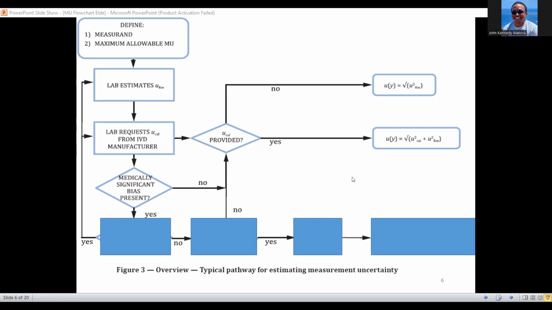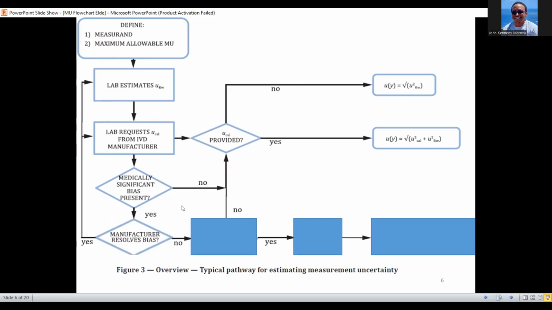Very good, Obed, from your EQA. Remember, the SDI is an indicator of our bias. All right, very good. So if there's no medically significant bias present, then you go back to either combining the uncertainty of UCAL and your imprecision. But if you don't have the UCAL, then your measurement uncertainty will be your uncertainty from the RW.